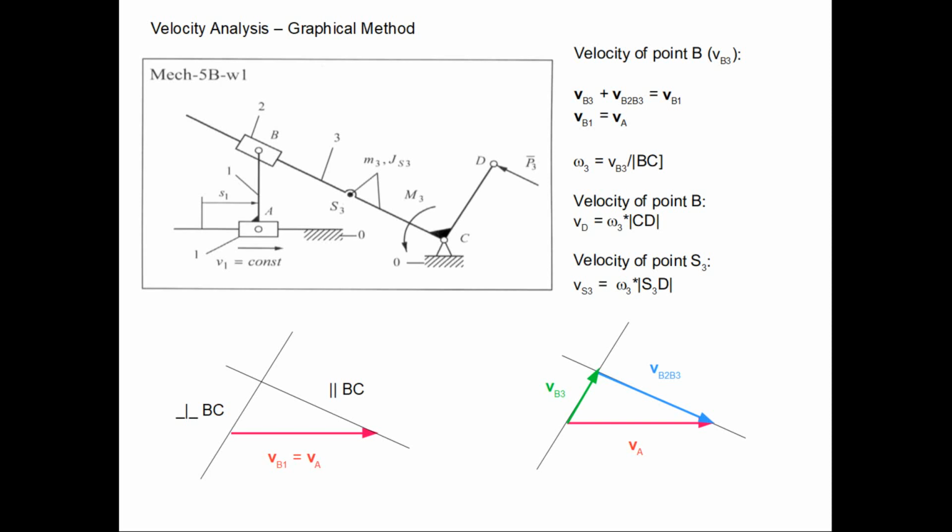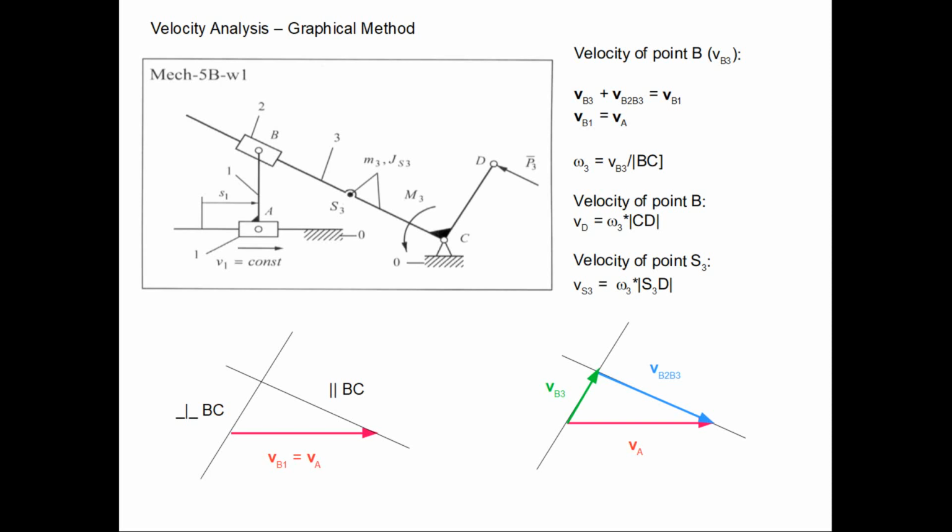So we look at the mechanism. We have the point B, and what is the motion of point B with respect to a fixed point, some point 0, let's say, or point C, which is fixed?